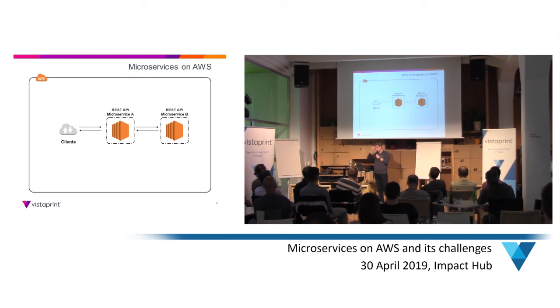First of all, what comes to my mind is that we have two microservices, A and B, and they communicate with each other. So microservice A needs to be aware of microservice B. There is supposed to be a discovery mechanism which would tell service A where to direct its call.